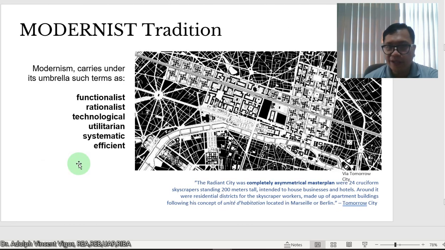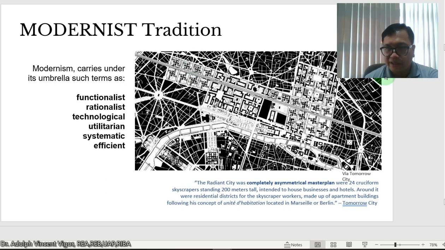So we have here the Radiant City. You can see that modernism carries under its umbrella terms such as functionalist, rationalist, technological, utilitarian, systematic, and efficient.